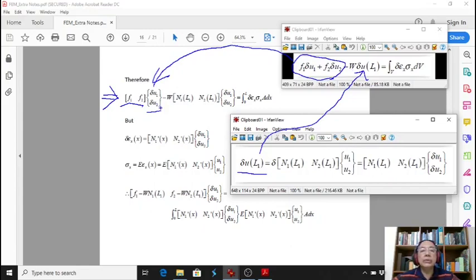Minus W, substituting this, becomes minus W N1 of L1 and N2 of L1 times virtual U1, virtual U2, equal to this.